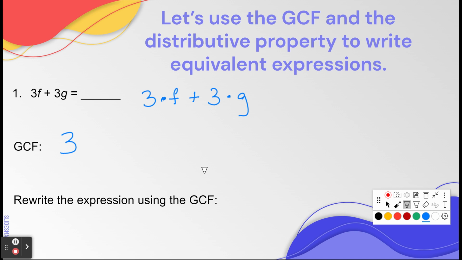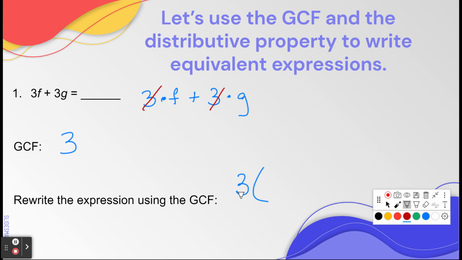Rewriting the expression using the greatest common factor, I am going to put the 3 on the outside, and then put a parenthesis. So I'm going to be doing 3 times, and I'm going to look up here at what's left. I'm going to cross out the 3 because that represents this.